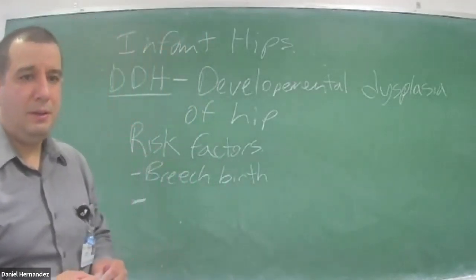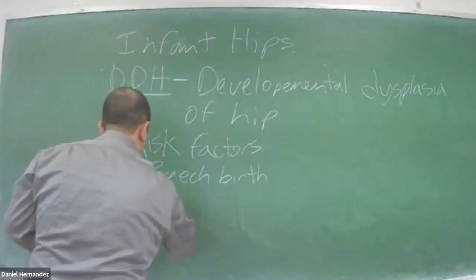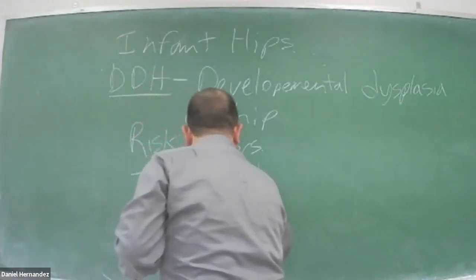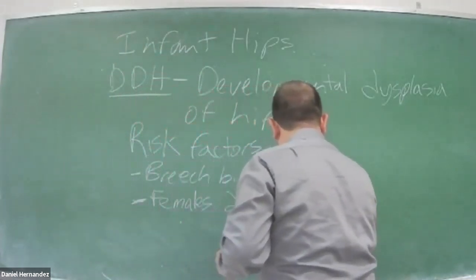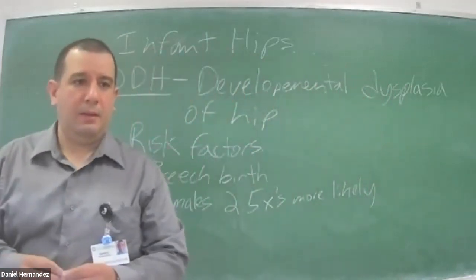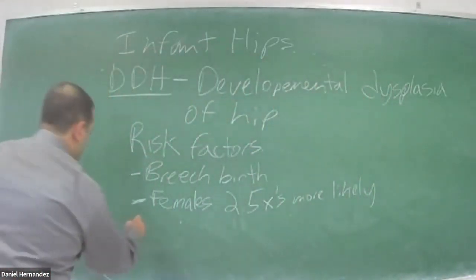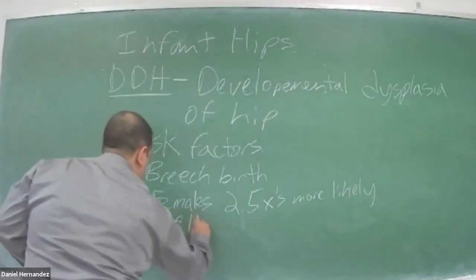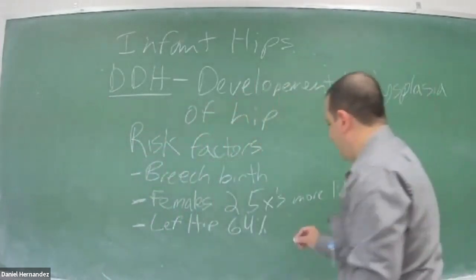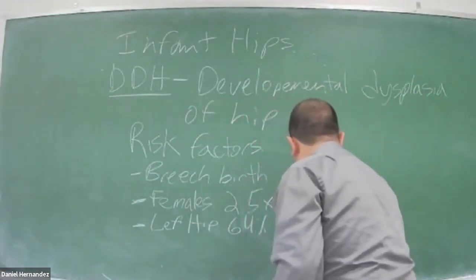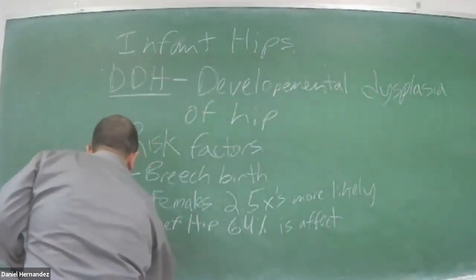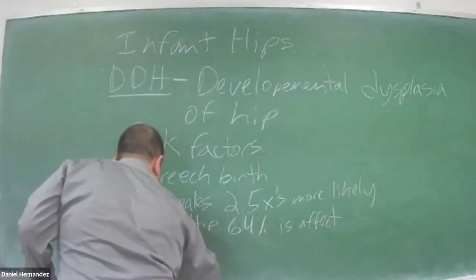It's also more common in females. Females are affected about 2.5 times more likely. The left hip is affected more often; it's typically unilateral, 64% of the time on the left side.